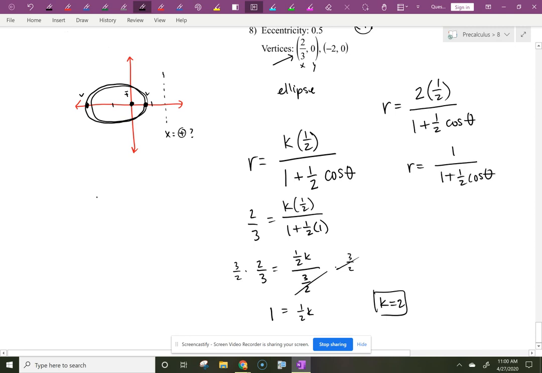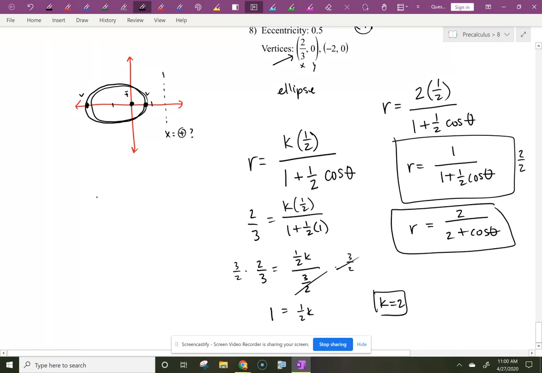And maybe you see this and you're like, I don't like the half right there, which is a legitimate argument because people don't like fractions within fractions. So probably best manners, multiply top and bottom by 2. And so what would you get? You would get r equals 2 over 2 plus cosine theta. A lot of people think that is good manners. So here's your good manners. Mind your manners, I guess. And this is probably bad manners, right?